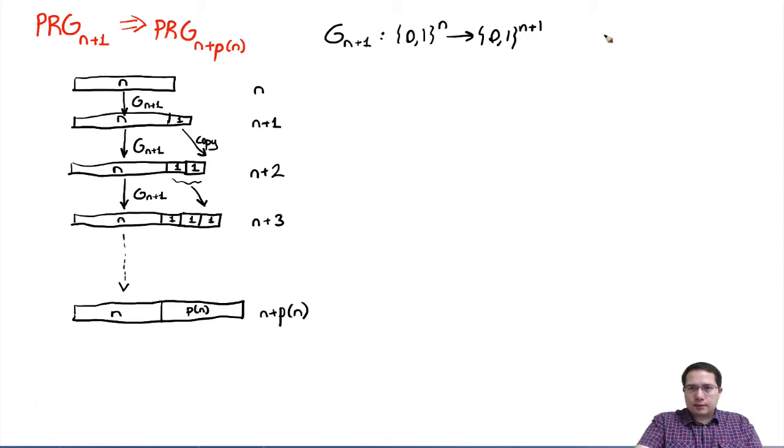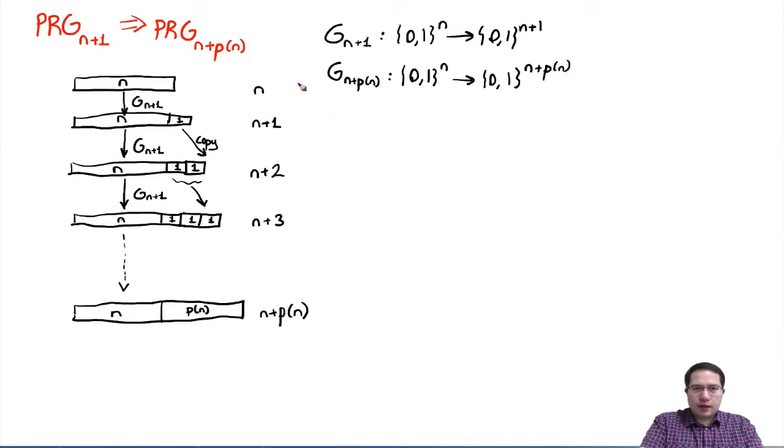Now with these, what we are going to construct is the following. Our goal is to construct G_{n+p(n)}. This is a new pseudo-random generator we are constructing. Its input is an n bit random value, and its output will be n plus p(n) bits of pseudo-random value.